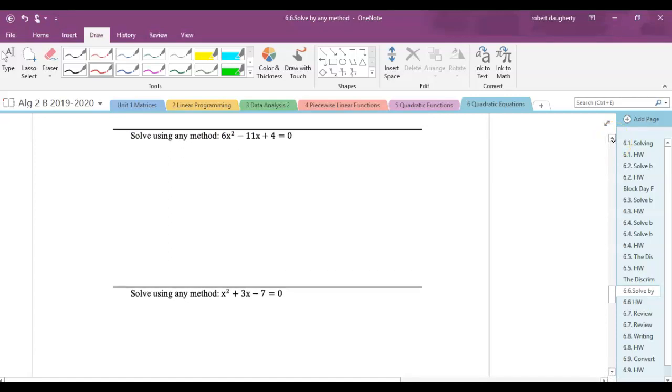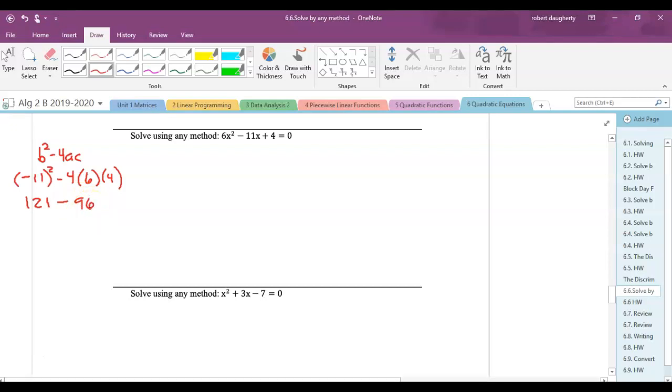Now, one strategy is, let's figure out b squared minus 4ac, and that will tell us if it factors or not, okay? So b squared minus 4ac, that's negative 11 squared minus 4 times 6 times 4. That's 121 minus, what is 6 times 16? That's 96.